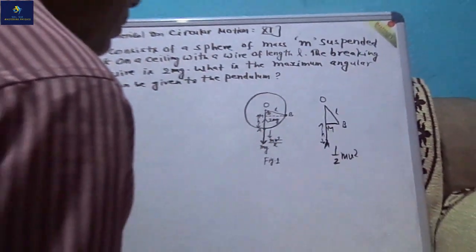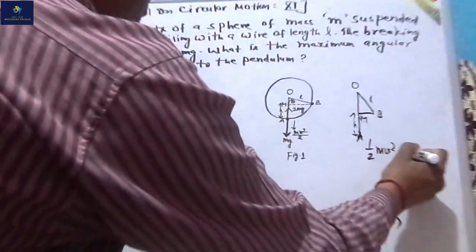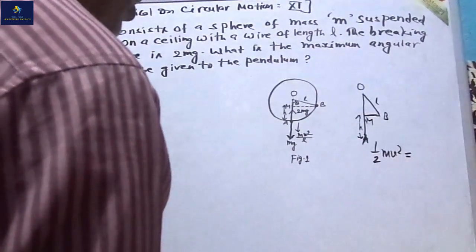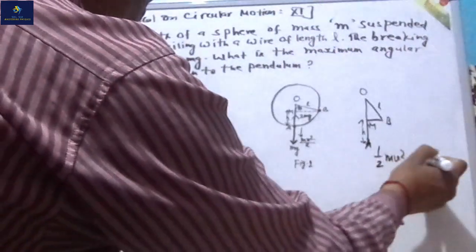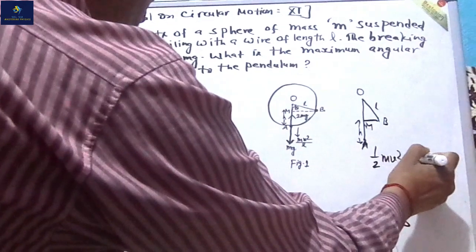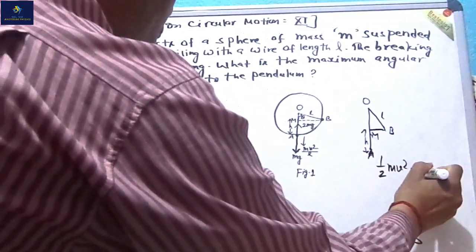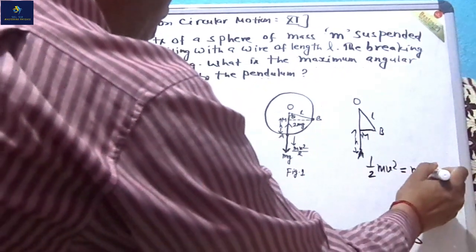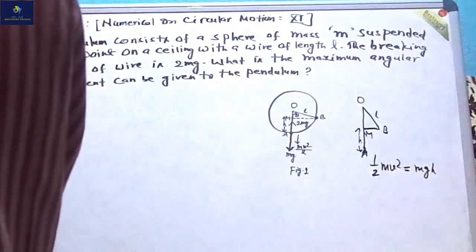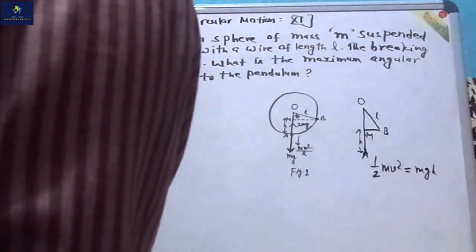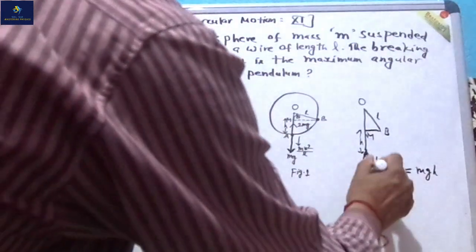This kinetic energy is converted into potential energy, and this potential energy is mgh.